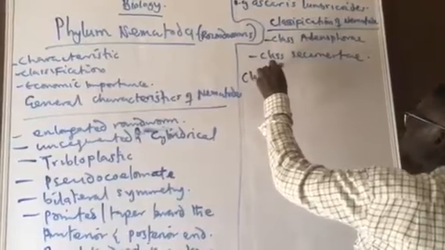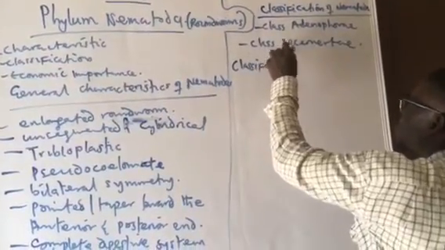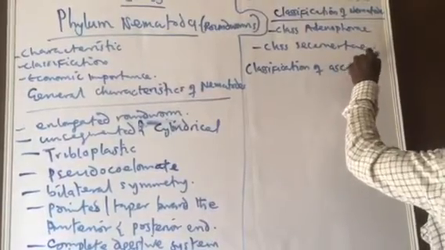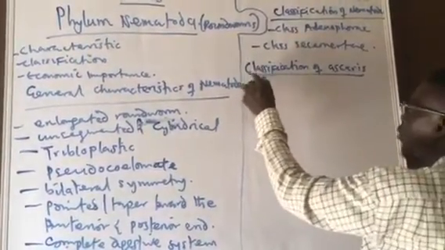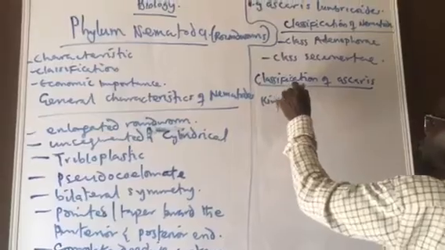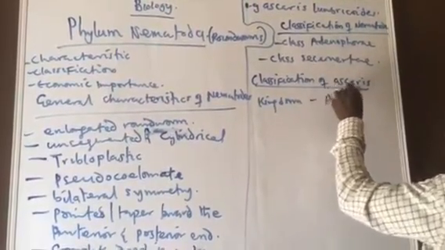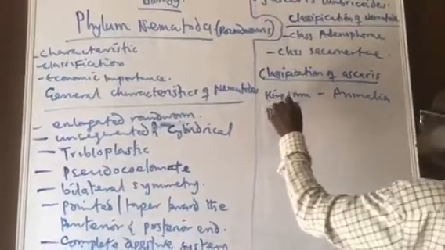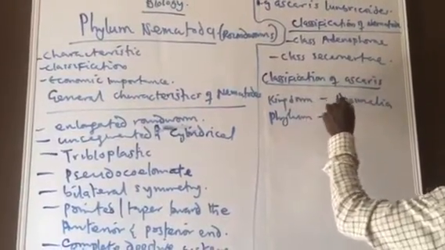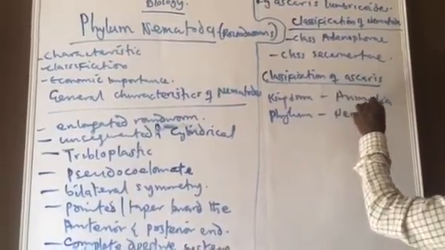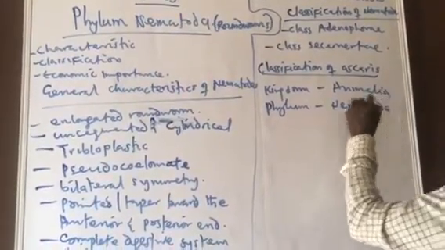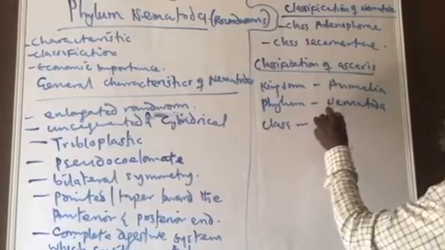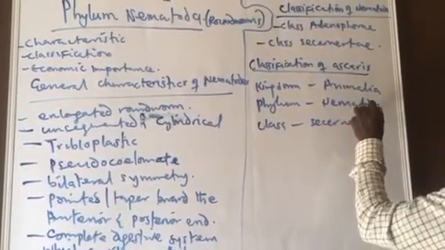Let's talk about the classification of Ascaris. We have the kingdom Animalia. The phylum is Nematoda. The class is Secernentea.